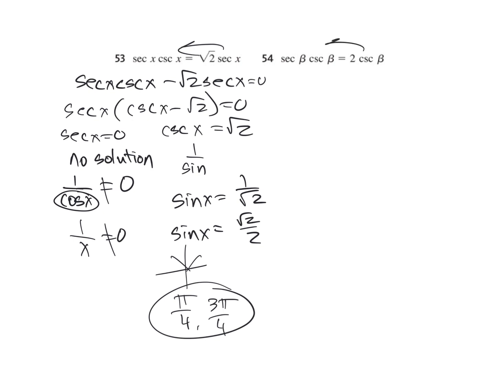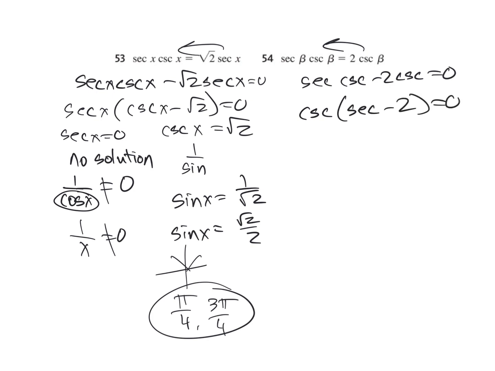All right, 54, same type of thing. Secant cosecant minus 2 cosecant equals 0. Factor out a cosecant. We get secant minus 2 equals 0. So cosecant equals 0, and secant minus 2 equals 0.